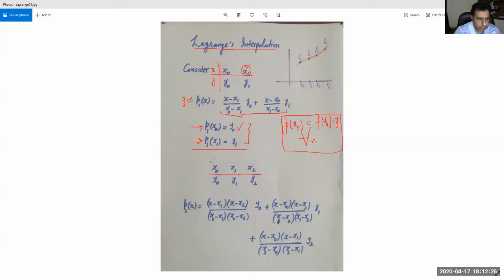to a data having 3 values, and then of course in a computer program you could have as many nodes as you wish. So x naught, x1, x2, these are the arguments. I told you the values of x are called arguments, and these are called entries.